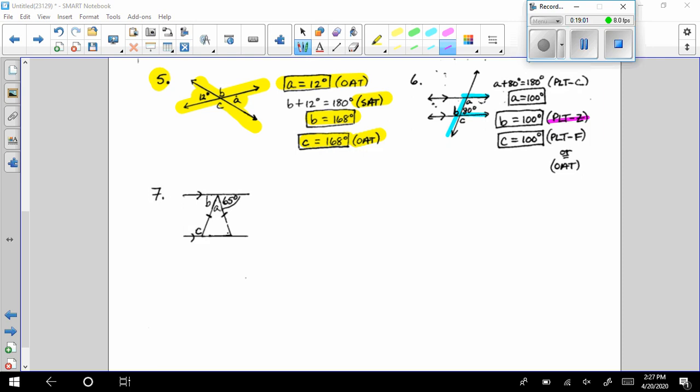Question 7 is a combination question. You'll note I have parallel lines, and within the parallel lines, I have an isosceles triangle. Notice these sides are equal to one another. I'm being asked for the top angle within that isosceles triangle, and also these two angles, B and C. Sometimes it's hard to know, where do I even begin?